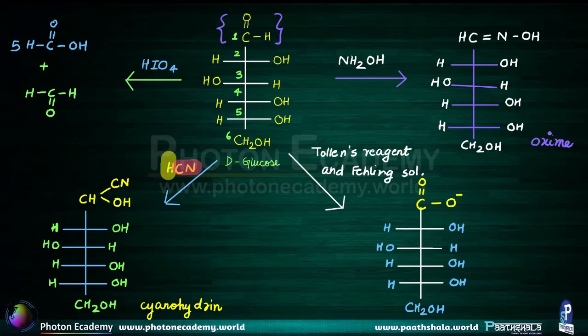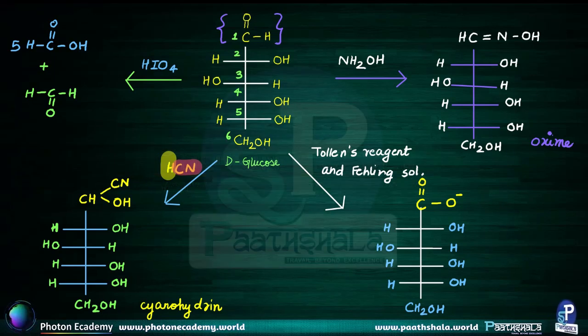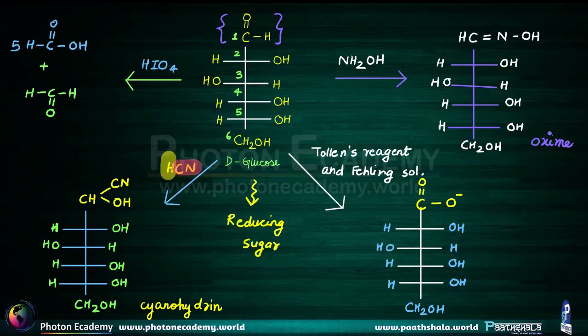So this proves that glucose in fact is a reducing sugar, because it gives a positive Tollens reagent and Fehling solution test.